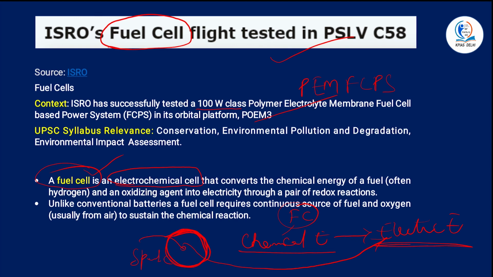As we all are aware, chemical reactions within a fuel cell happen through a combustion process, where heat is generated, and your hydrogen or methane, whatever fuel you're taking, will transform this chemical energy into electrical energy. This is the basic definition of a fuel cell. It is an electrochemical cell that is designed to convert the energy of combustion of fuels like hydrogen and methane or any type of methanol directly into electrical energy.